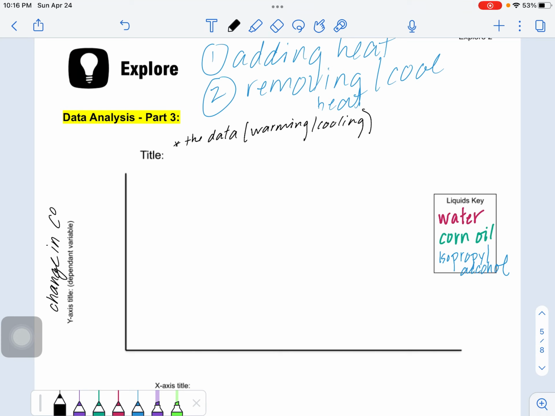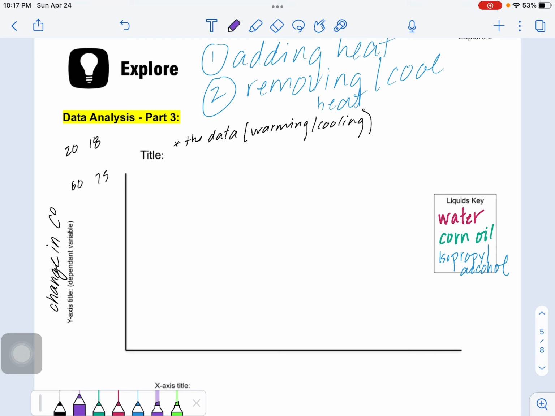If your data table goes from, let's say, 20 degrees to 60 degrees, you want your graph to reflect that. If your data table goes from 18 to 75, you want your graph to reflect that.